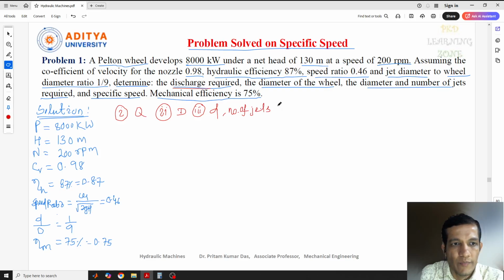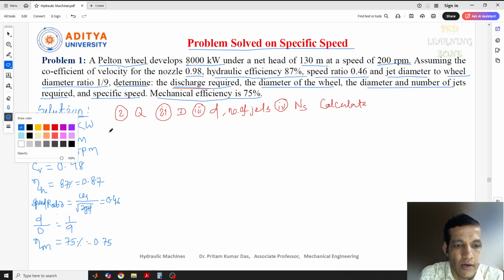Along with this, the fourth point is the specific speed, that is ns. So these are the points that need to be calculated. One by one we'll solve it.